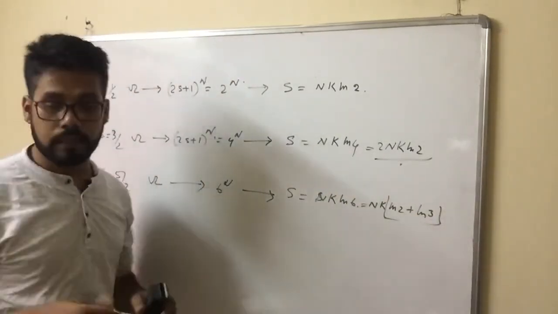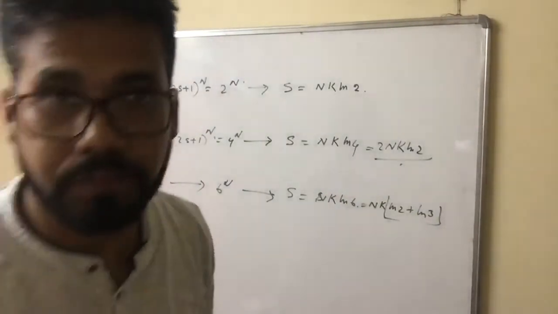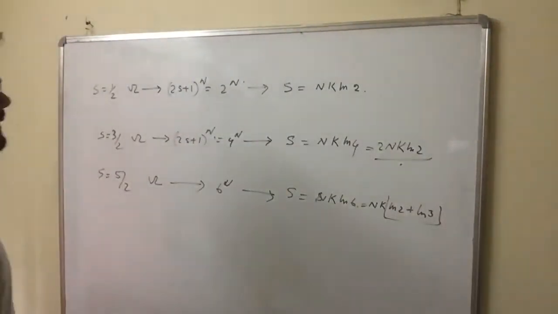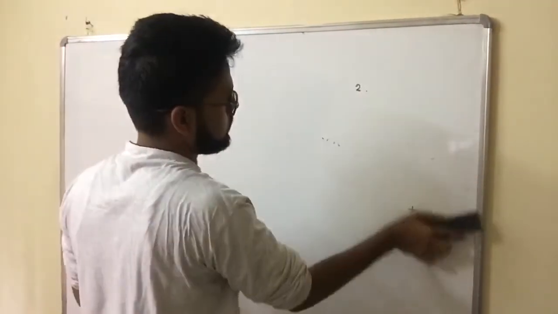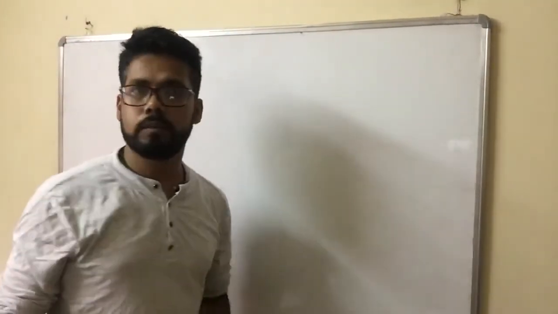This is where you have to calculate the entropy. I hope you understand. This is the basic thing. The entropy formula you have to use according to the numerical question, so understanding of the numerical question is very, very essential.